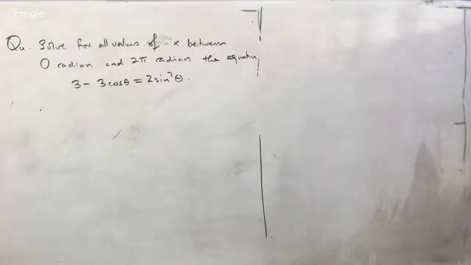Listen to the steps for the second time. One trig function, meaning figure out which one you can change. Then bring everything to one side, leaving 0 on the other. If it comes out as a quadratic, we can count 1, 2, 3 terms.